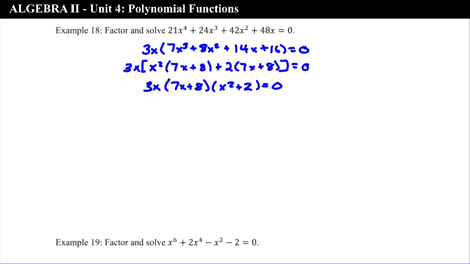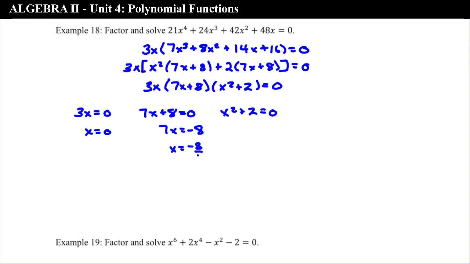And we look at what we've got left. We cannot factor anything. So there's nothing more for us to do but to set everything equal to 0. So the first one, divide both sides by 3, x equals 0. Subtract 8 on this one, and divide by 7, and you get negative 8/7.